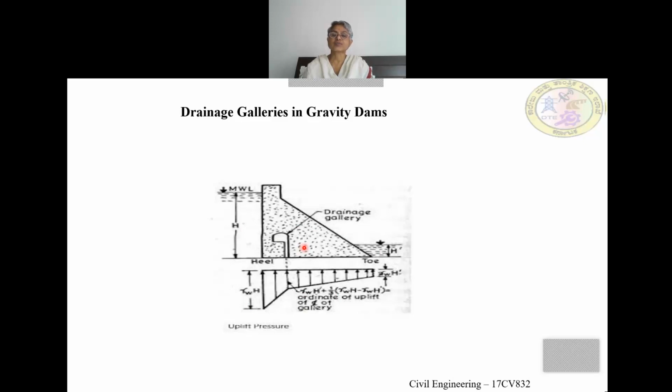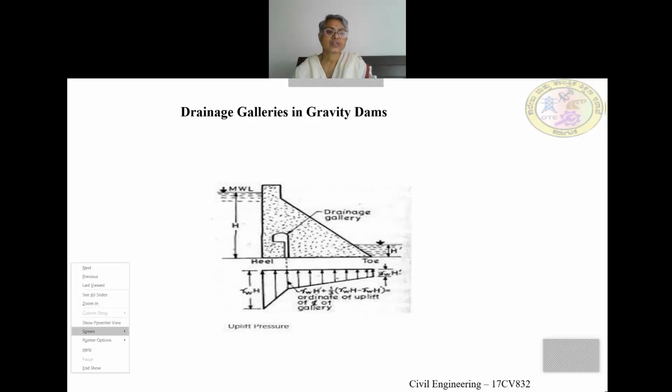So what has to be done? This uplift force has to be reduced. The effect of this uplift force has to be reduced. So for that particular case, drainage galleries are provided like this. This is a drainage gallery.